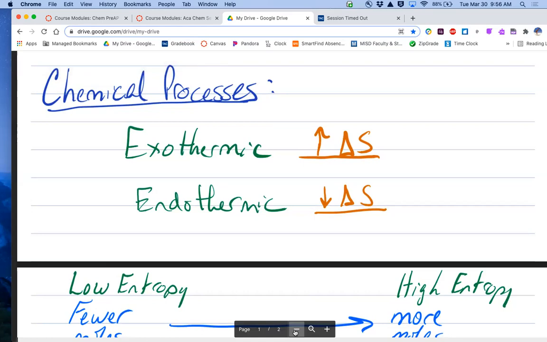Exothermic, you have an increase in disorder, an increase in entropy. Endothermic is a decrease in disorder. Endothermic is more orderly. Entropy. Even though this sounds like enthalpy, what we just did on MathWise yesterday for homework, allegedly, this is different. This is entropy.